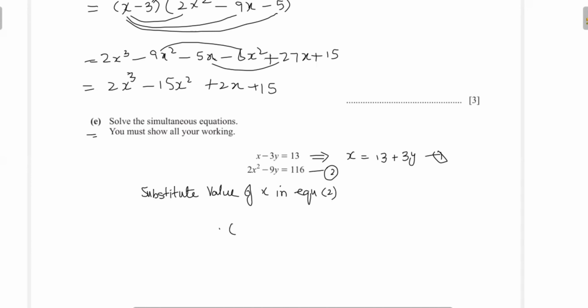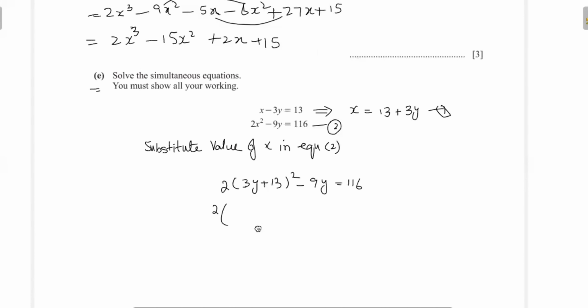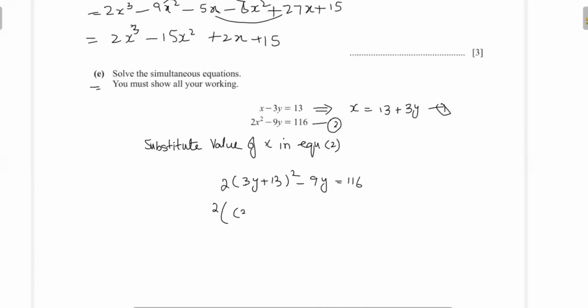Therefore, we can write 2 into x squared. x is 3y plus 13 whole squared, minus 9y equal to 116. We can write this 2 into, we use the identity here, (a + b) whole squared. This will be equal to a squared plus 2ab plus b squared.